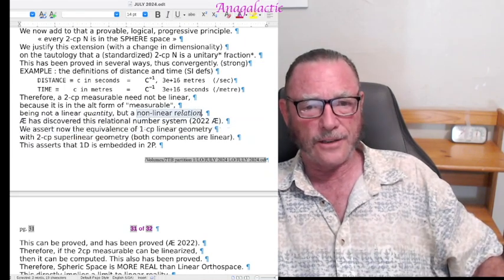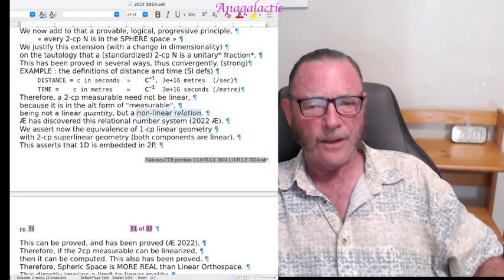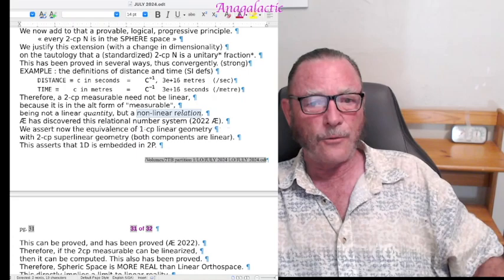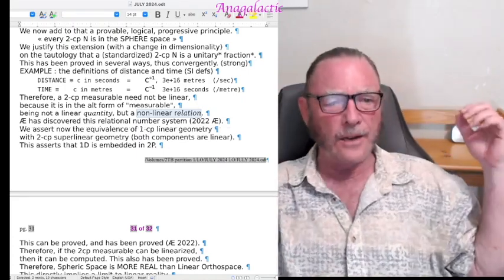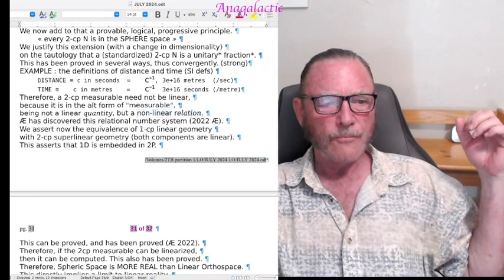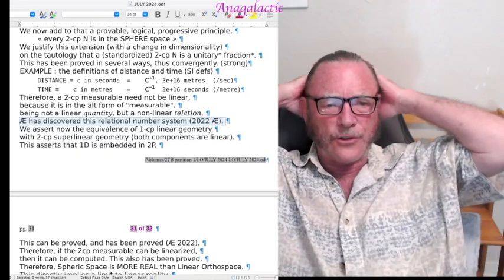Even though Einstein discovered it, Maxwell discovered it, Planck discovered it, Dirac discovered it, everybody's discovered it, they just can't understand it. Non-linear. Anagalactic has discovered the relational number system.